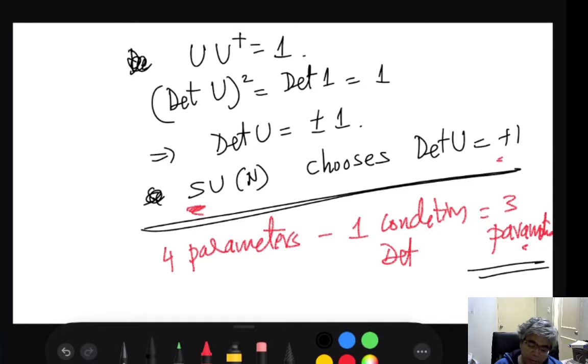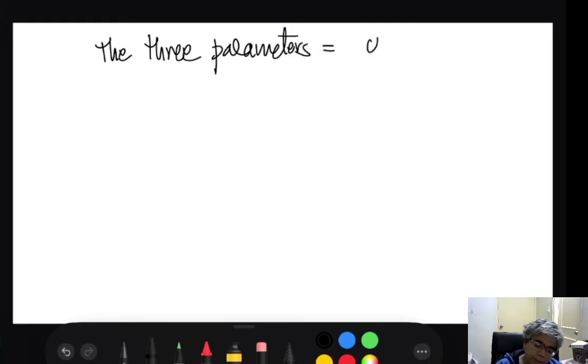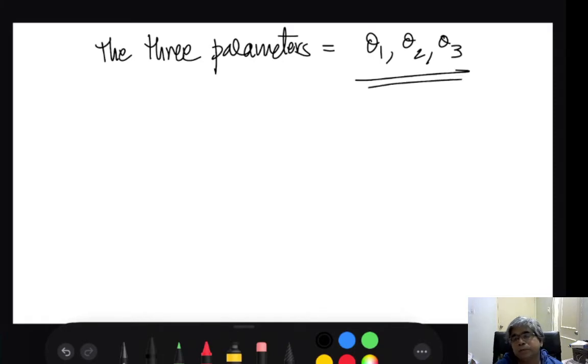Now you have these 3 parameters: let them be theta 1, theta 2, theta 3. Because they are continuous variables, let me use the angular notation, just in case.